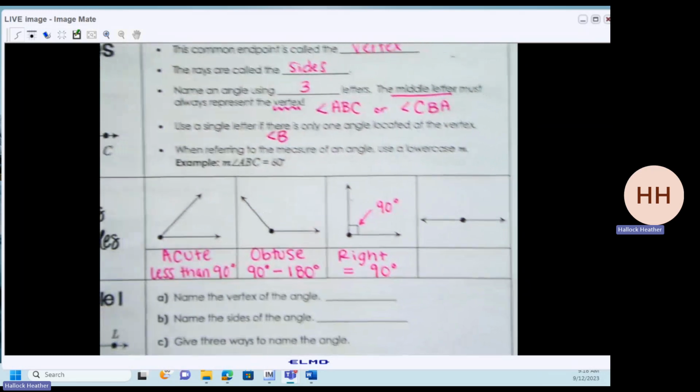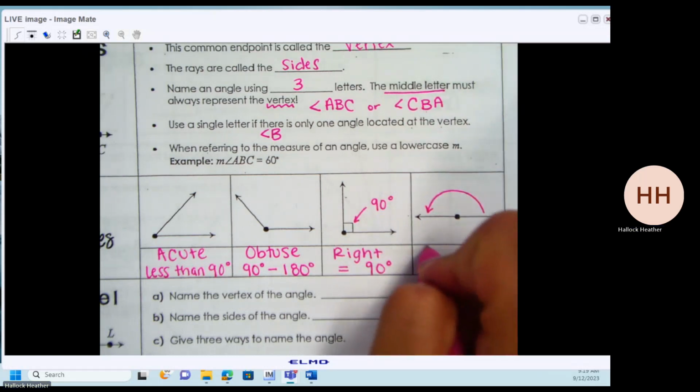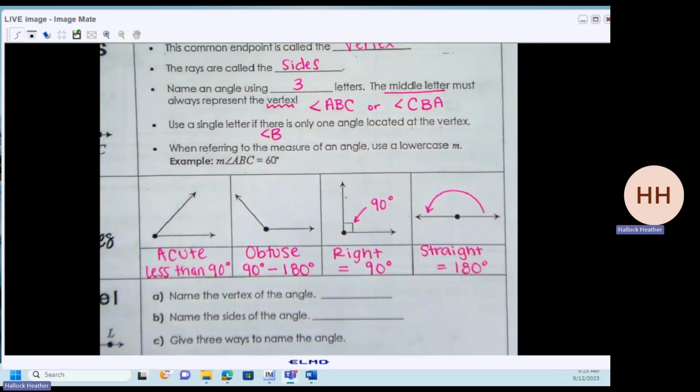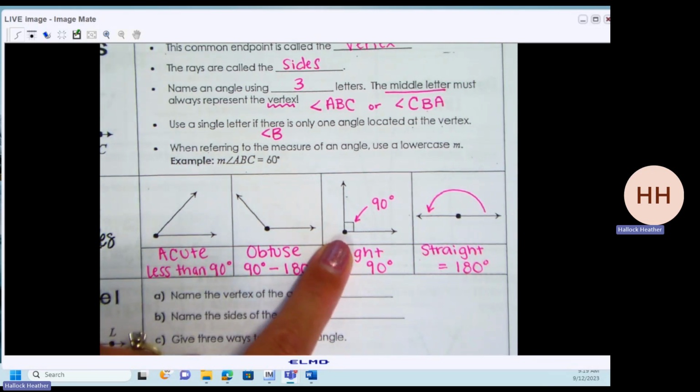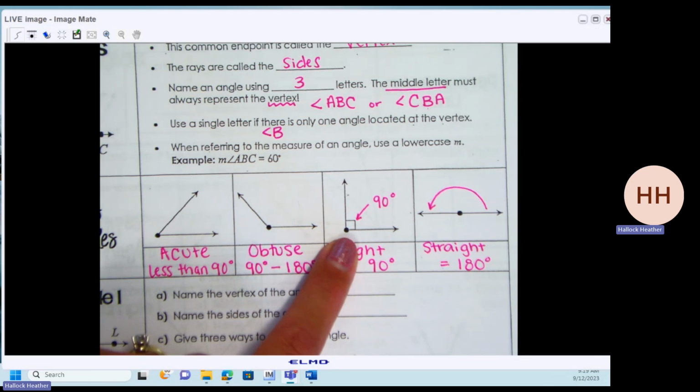And then this one that's just laying out, this is a straight line, which is 180. So a straight line automatically equals 180 degrees. Half of 180 is 90. That's why it's perfectly going up and it has a little square. If it looks like it's 90 degrees, but it does not have the square and it doesn't say it's a right angle, you cannot assume that it's 90 degrees, because it might be 88 degrees or 89 degrees or 91 degrees. So if it doesn't have the square, don't assume it's 90.